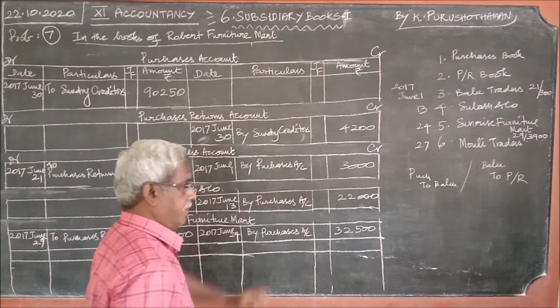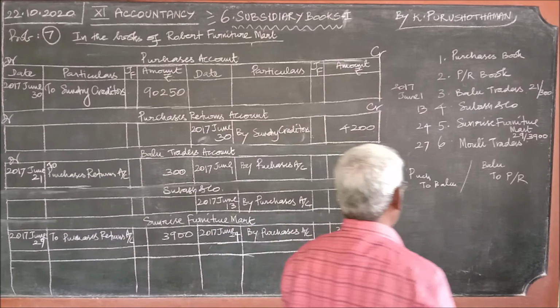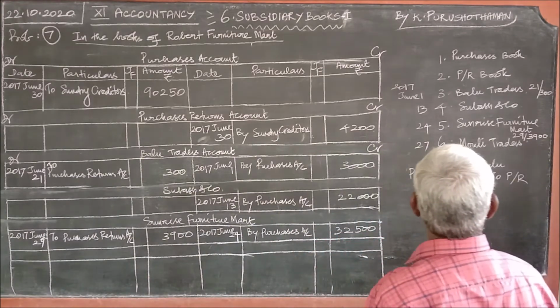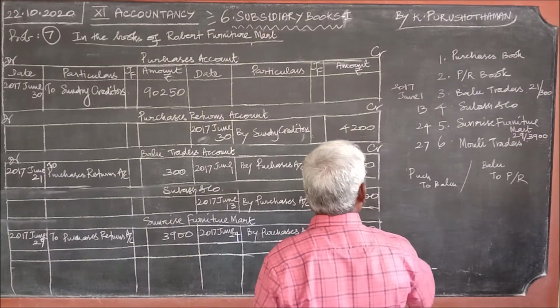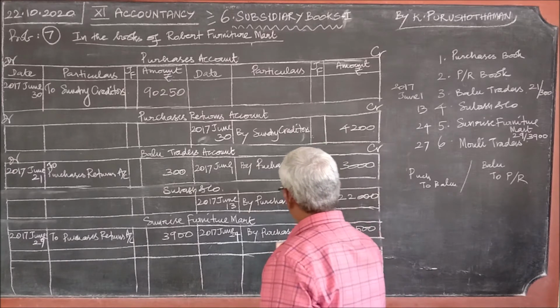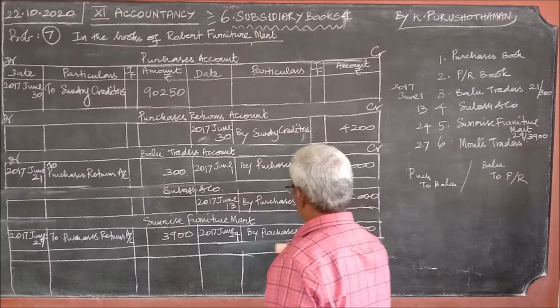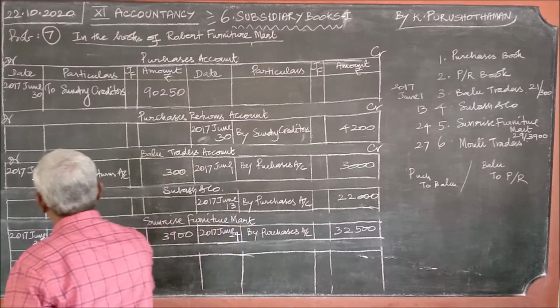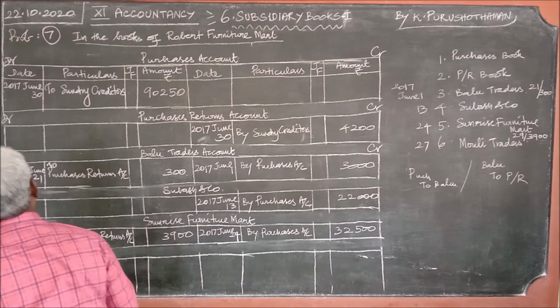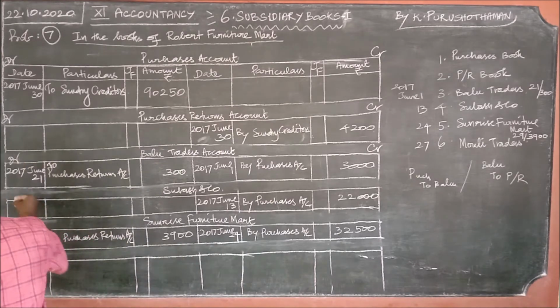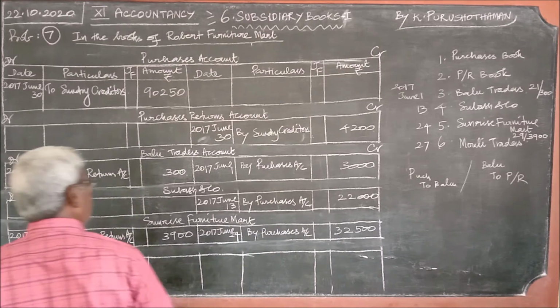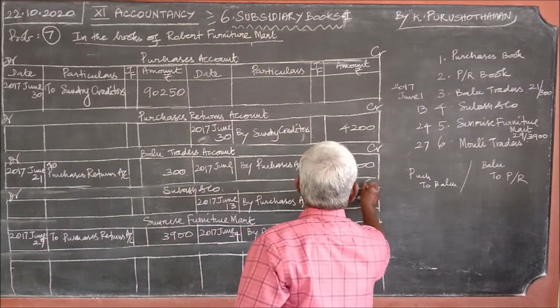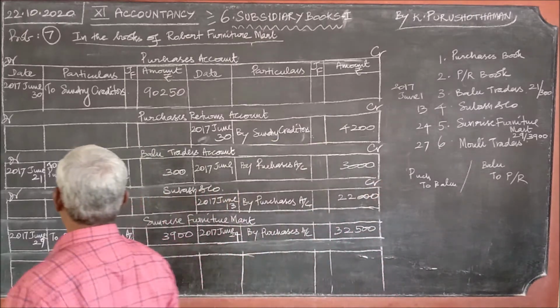In Mauli Traders on the 27th, there was only one transaction. Here it is debtor, creditor, the same thing.